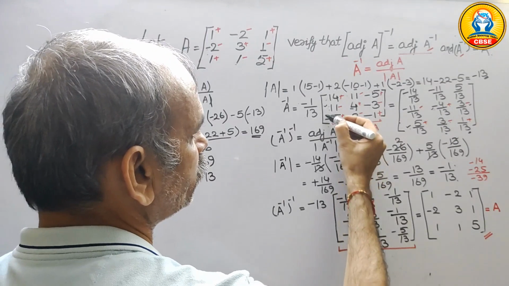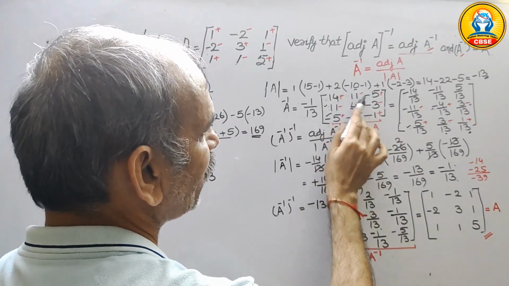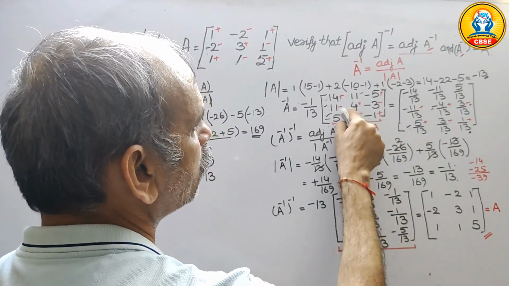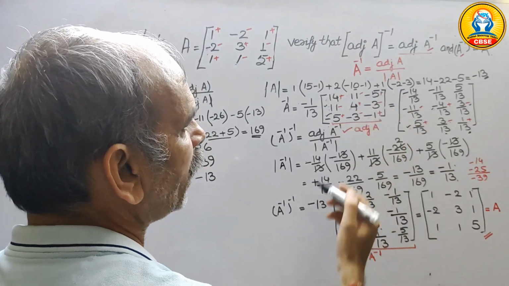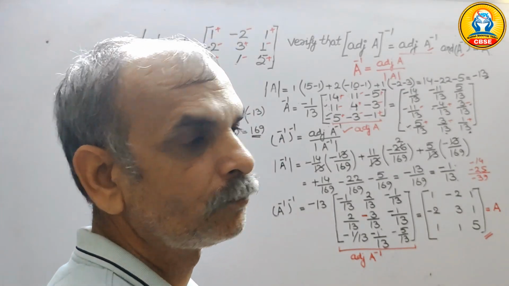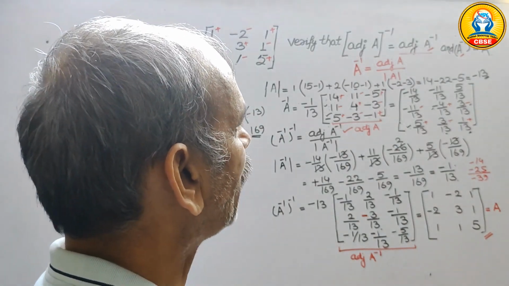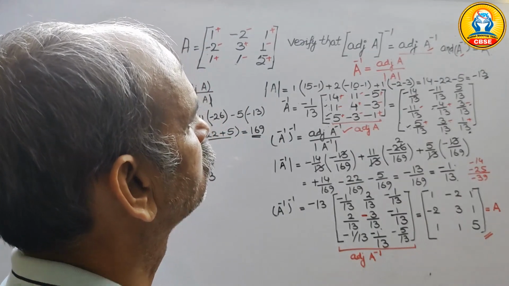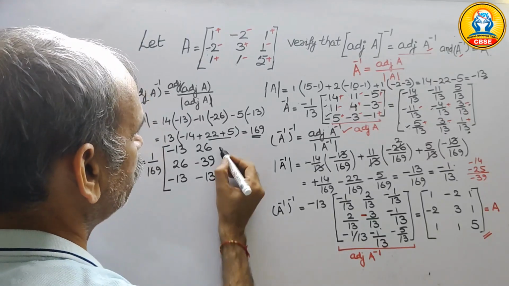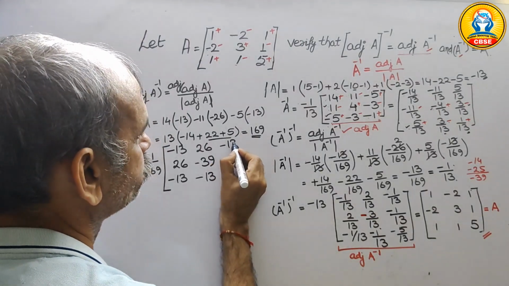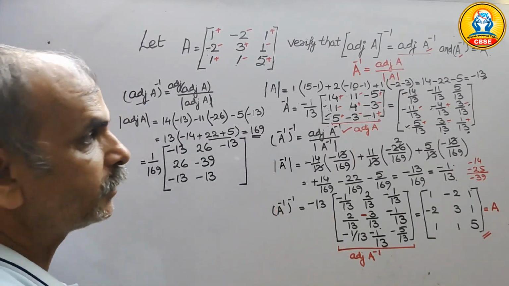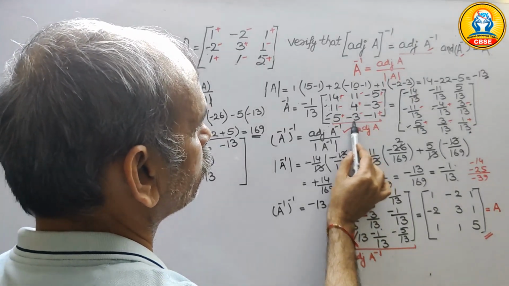Next is this position. So we will get minus 33 and plus 20. So we will get minus 13. So here we will get minus 13. Next position is this.